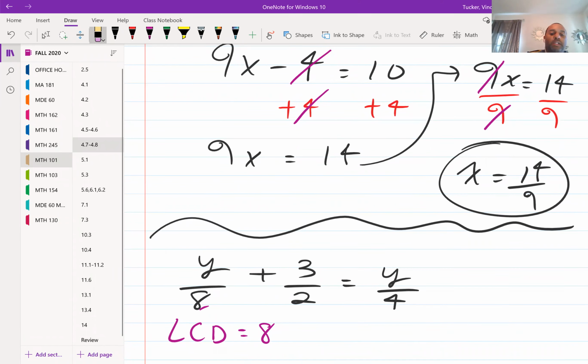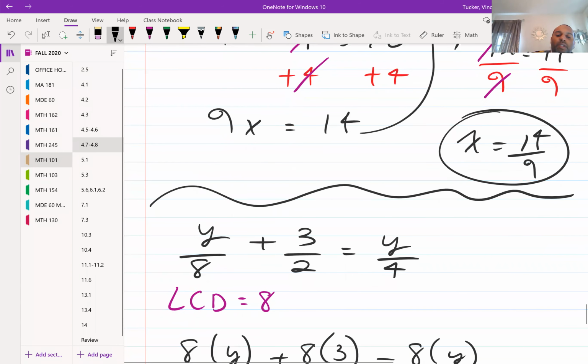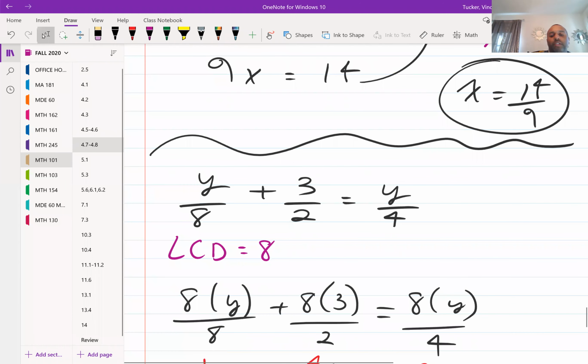So we have y over 8 plus 3 over 2 equal to y over 4. And between 8, 2, and 4, our least common denominator is 8. So we multiply each numerator by 8.